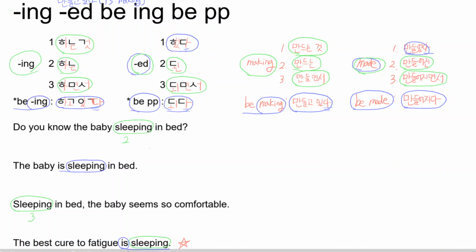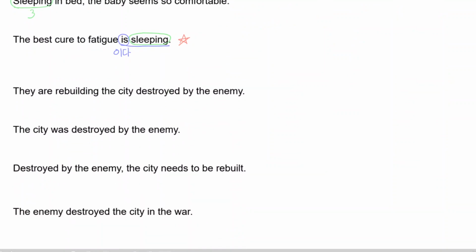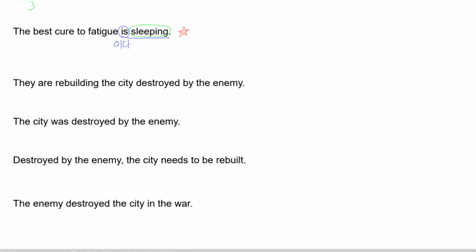Okay, let's get down there again. So again, they are rebuilding the city. 그들은 도시를 재건하고 있다. Destroyed by the enemy. As I said, destroyed could be either blue or green. If it is blue, what does it mean? Let's see, I write it right here. 파괴했다. Right?